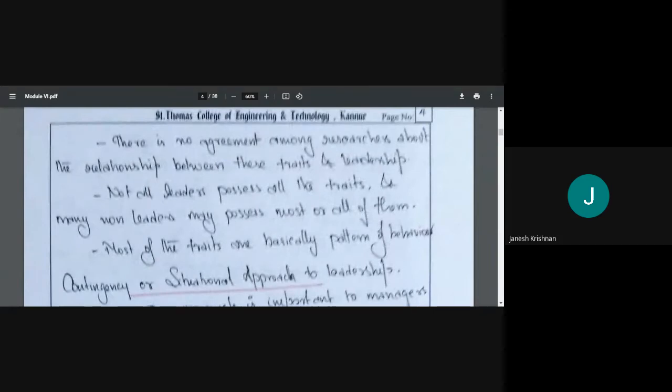We can say a person with good drive may become a good leader, but we are not sure. Not all leaders possess all the traits, and sometimes those who are not fit for becoming a leader may possess some of these traits. Basically, most of the traits are how you behave; it's a pattern of your behavior.